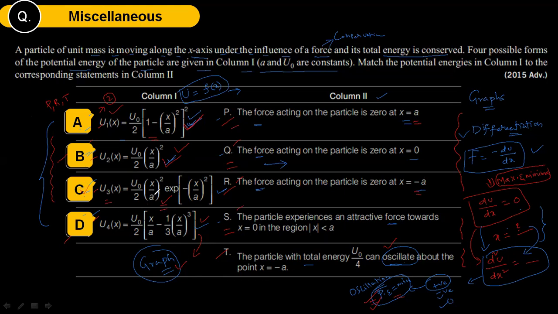So C is exponential followed by parabola. And since D is a cubic, it can't oscillate. So I think C will take four options: P is right, Q is right, R is right, S is right, and B will take only two options, that is Q comma S. You can simplify and cross check if you have any doubt. And next, D will check P comma R.